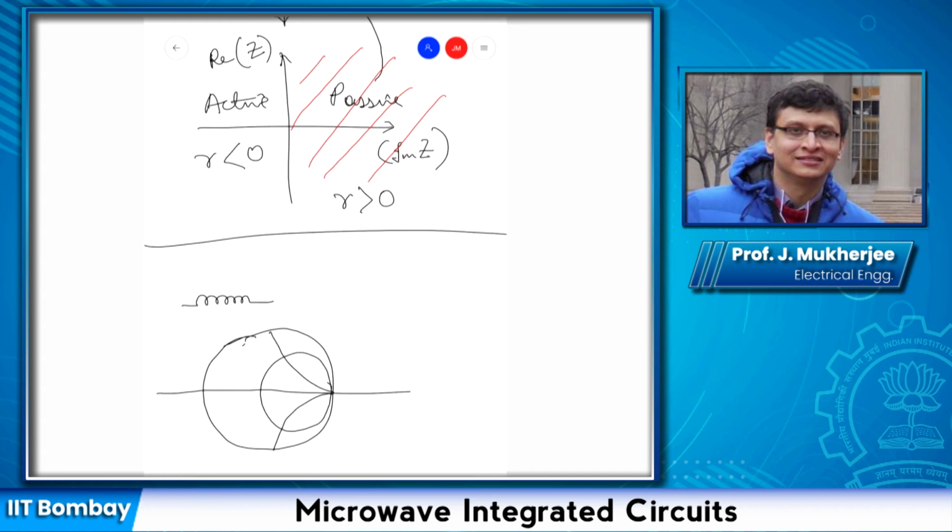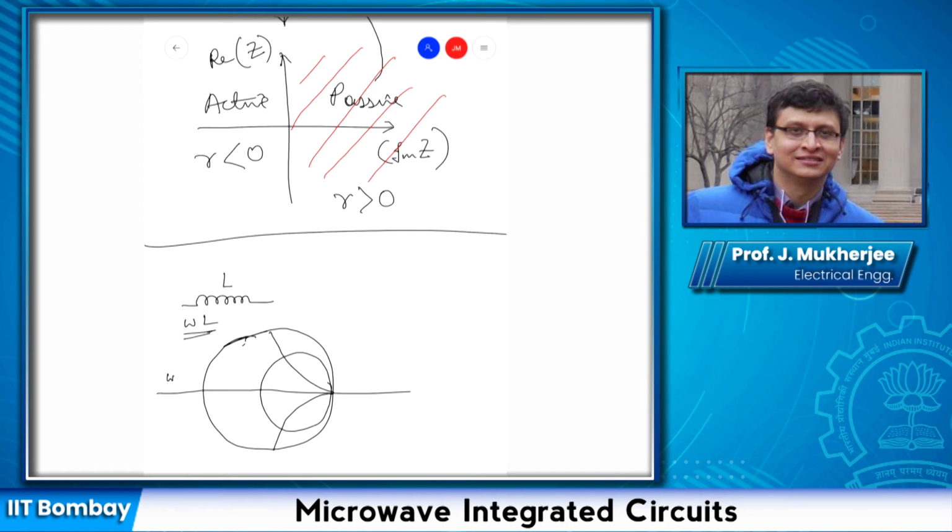So this is my unit circle. Say at omega equal to 0. So what is the impedance offered by this inductance? Suppose the value is L. The impedance offered by this series inductor will be purely imaginary, and its magnitude is given by omega L.